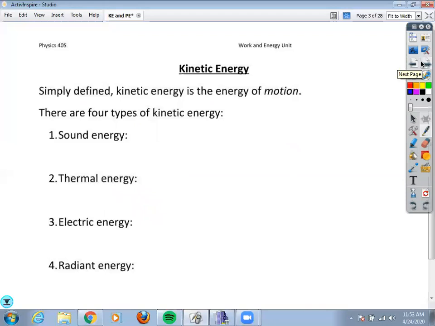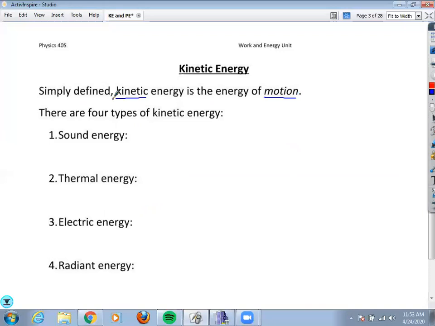Simply defined then, kinetic energy is the energy of motion. Kinetic means moving, so it is the energy of motion. There are four main types of kinetic energy. The first type is sound energy, so that's associated with sound waves.